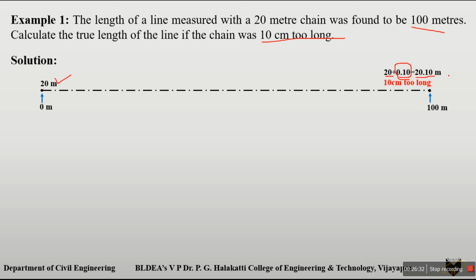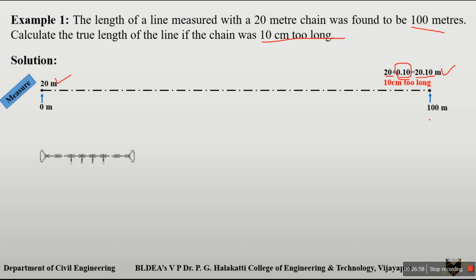This is the incorrect length of the chain, this is the true length. If the chain is too long, the measured length will be shorter, so our error is negative, correction is positive. How is it? Just observe here.